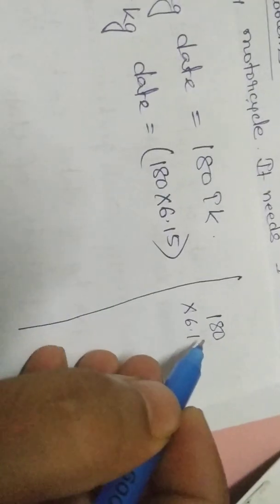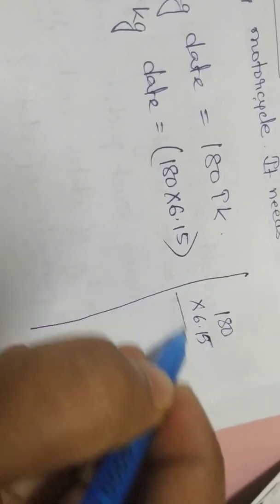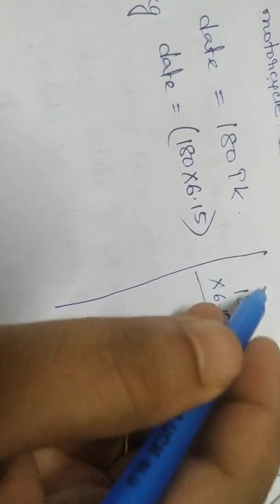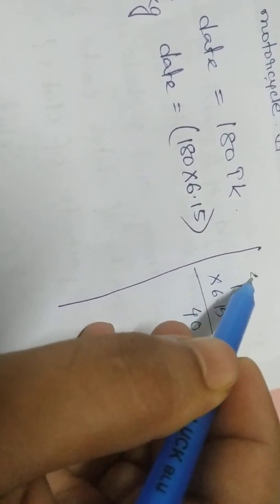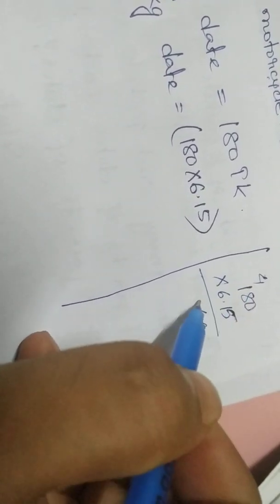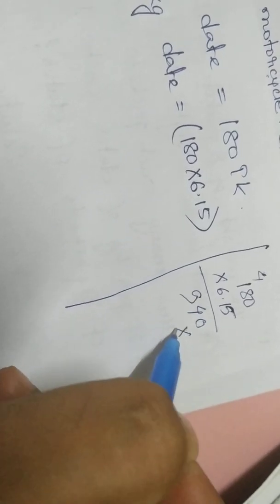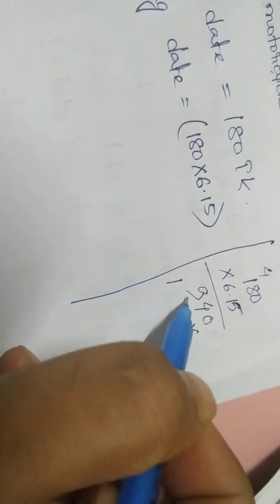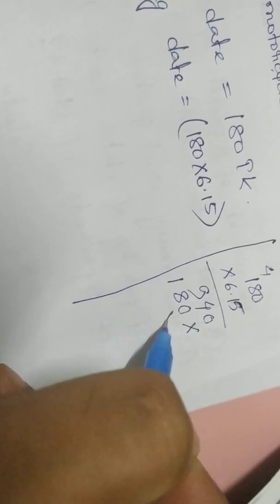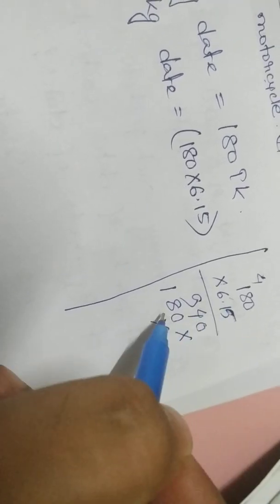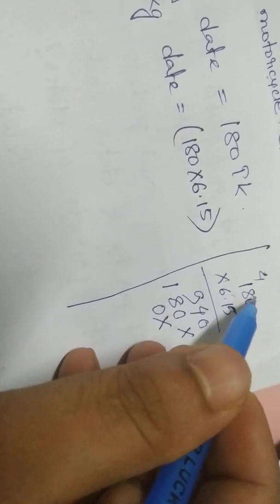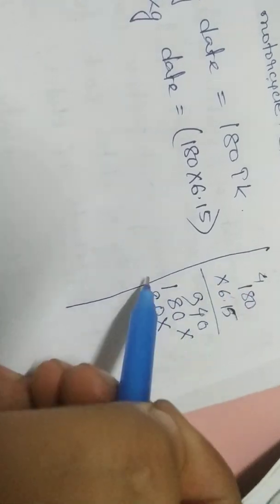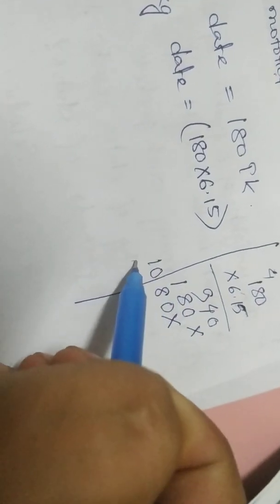So I'm trying to multiply it over here. So 5 0s are 0, 5 8s are 40, 4 carrying, 5 1s are 5, plus 4 is 9. Next we put a cross, 1 into 180, 180. Next we put another cross, 6 0s are 0, 6 8s are 48, 4 carry, 6 1s are 6 plus 4 is 10, so 1 0.